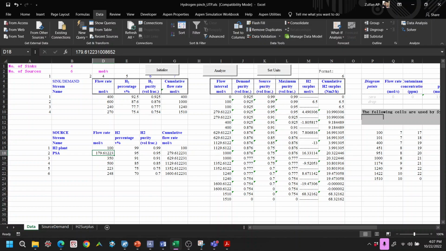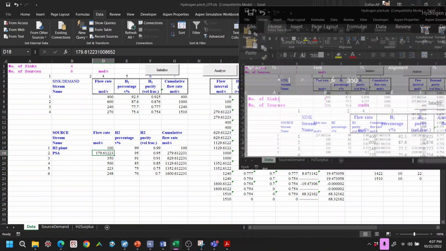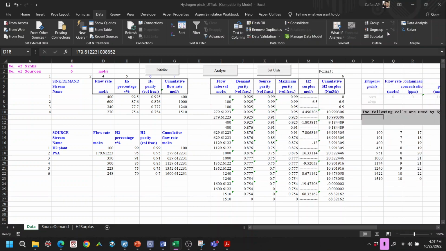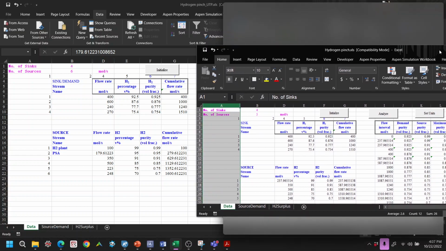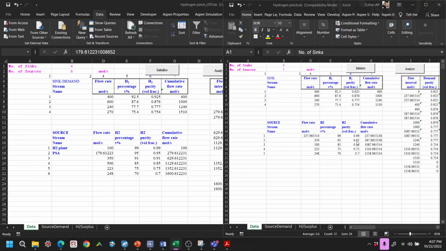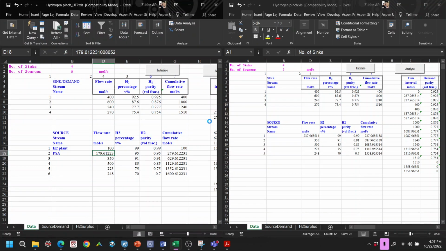So now you can argue or compare the cost. You have a saving of hydrogen plant 137, right?